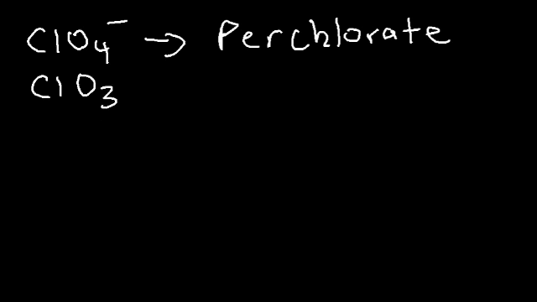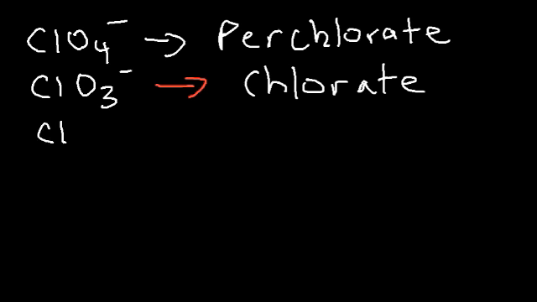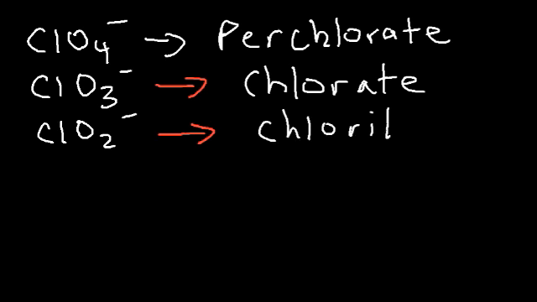ClO3 minus is simply called chlorate. Perchlorate compared to chlorate simply has 1 more oxygen. ClO2 minus is called chlorite. Ate usually has 1 more oxygen than ite. And ClO minus is known as hypochlorite.